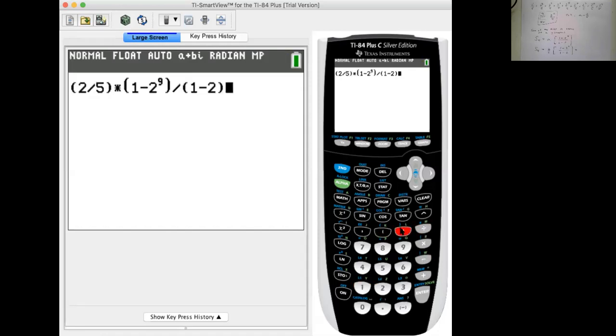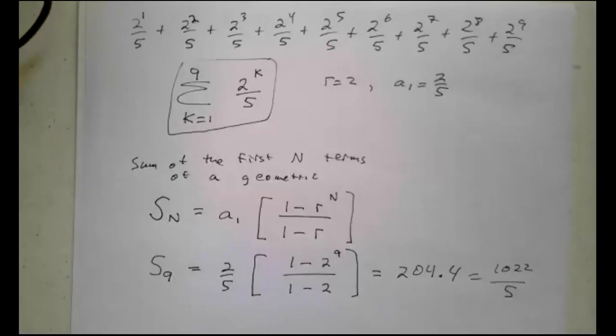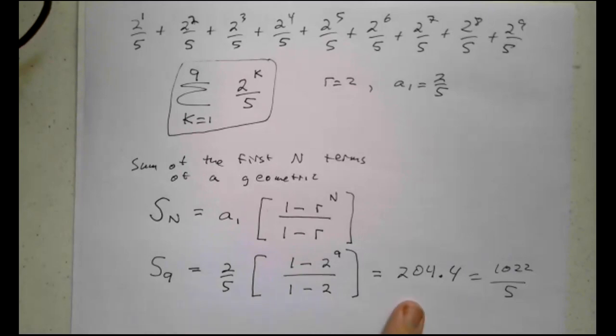This should do it. And what answer do we get? 204.4. Or as a fraction, math, change to a fraction, equivalently, 1,022 over 5. So using the formula, we get these answers for the sum of the first 9 terms, 204.4 or 1,022 over 5.